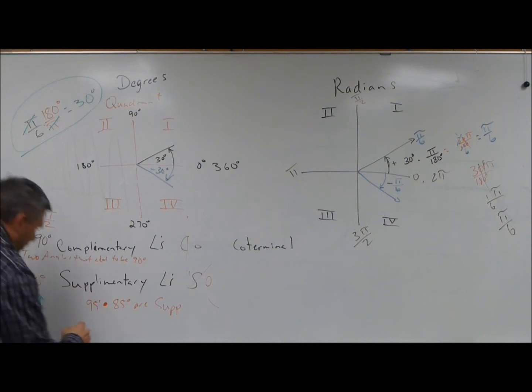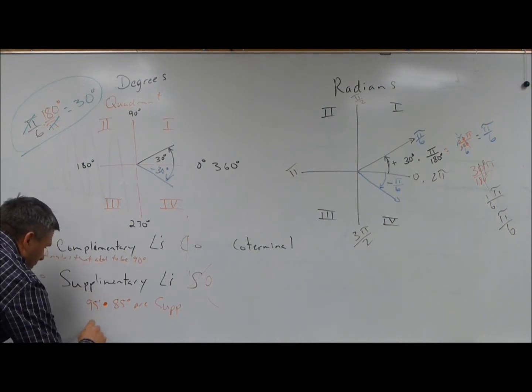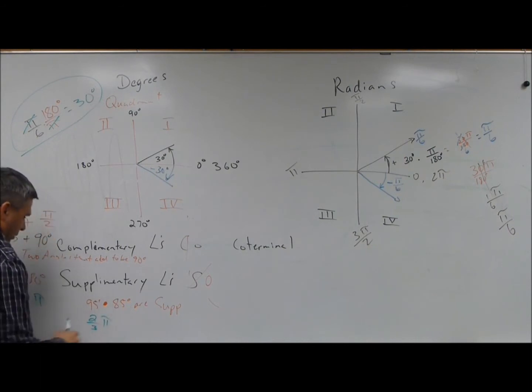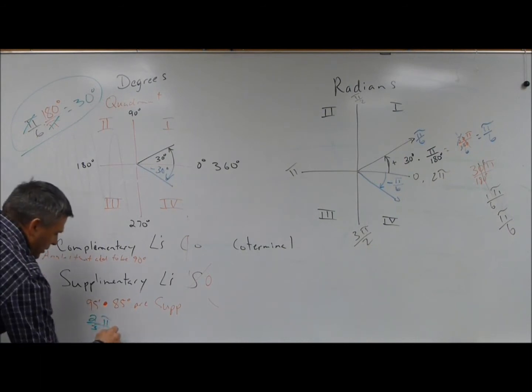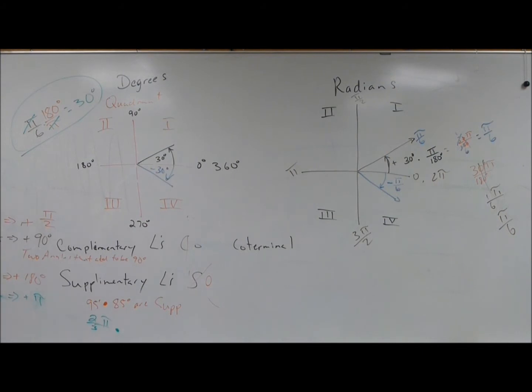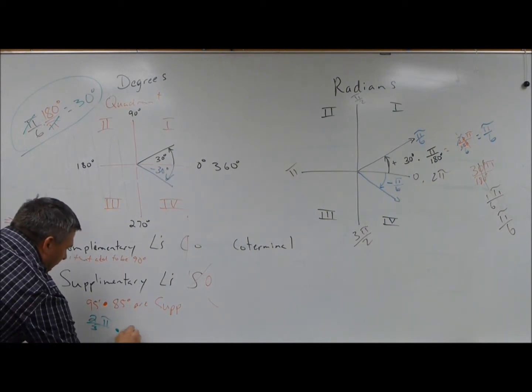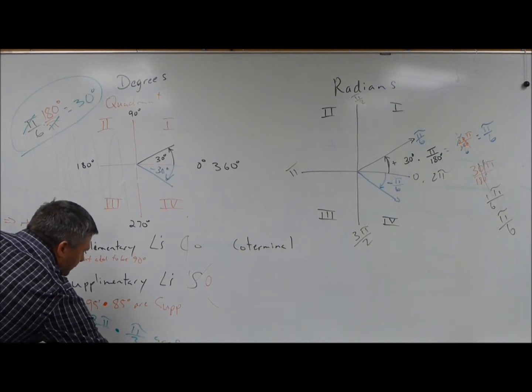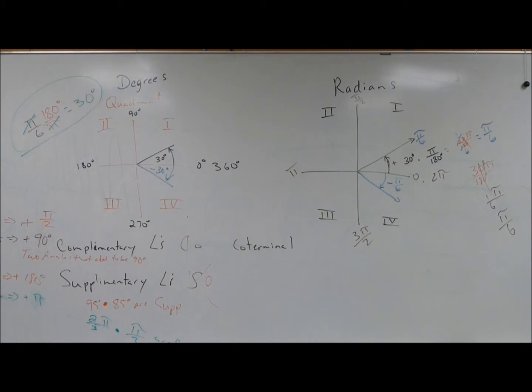Say, I don't know, 2/3 pi. What is 2/3 plus what is going to give me 1? 2/3 and 1/3. So 2/3 pi and pi over 3 are supplementary. Okay?